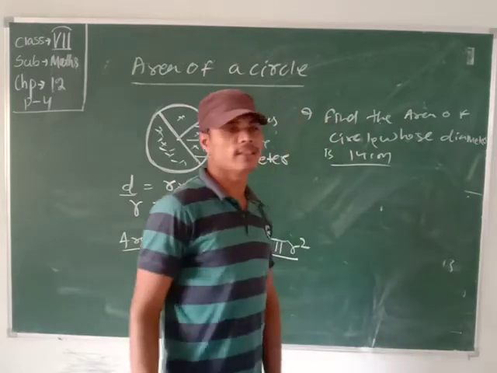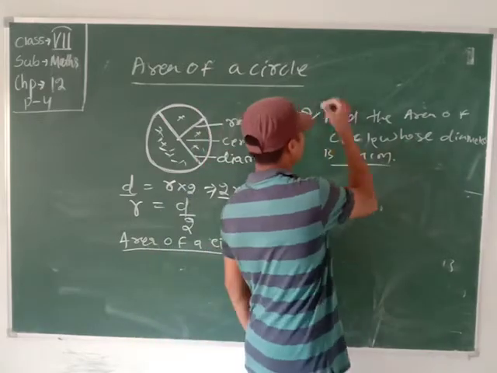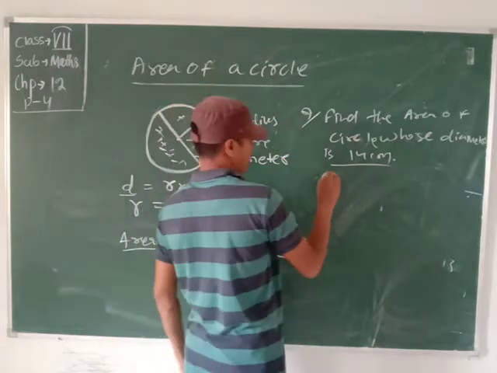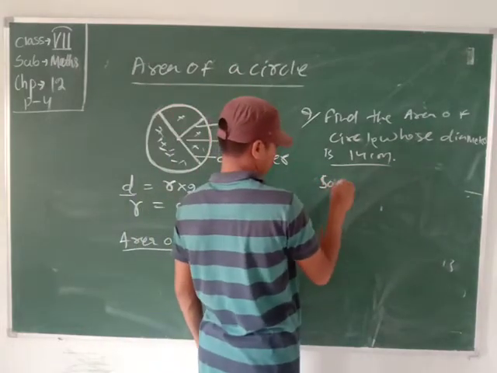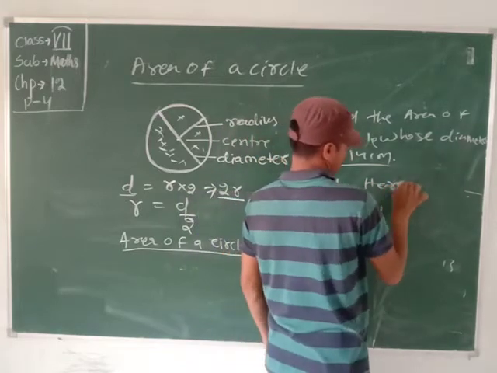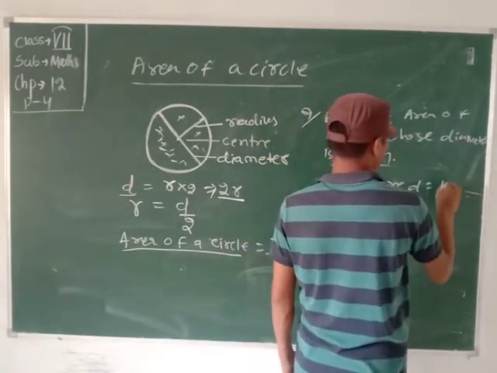Diameter is given as 14 centimeters. How can we find the area? First, the solution. D equals 14 centimeters.